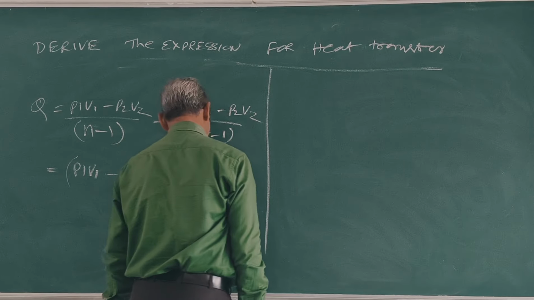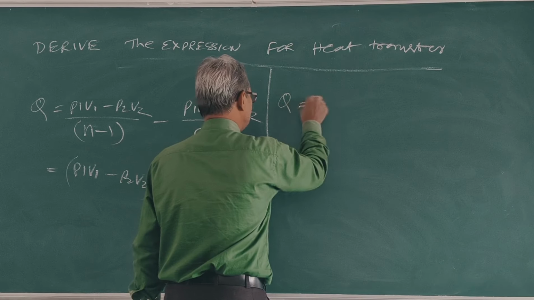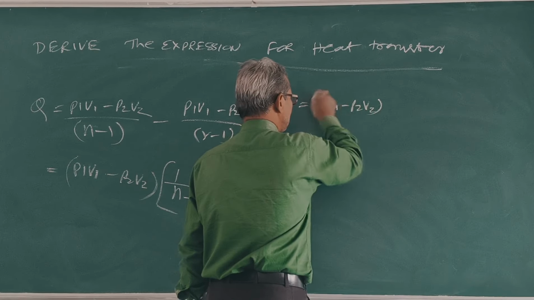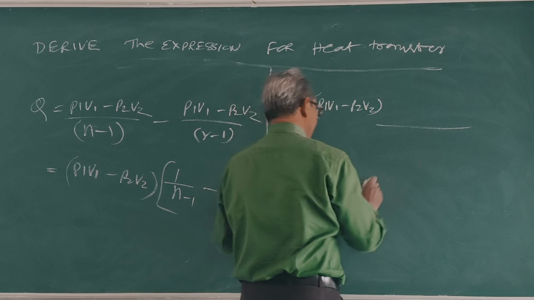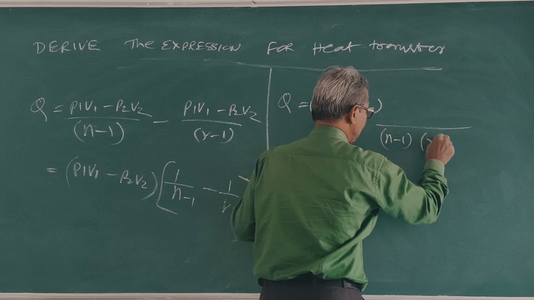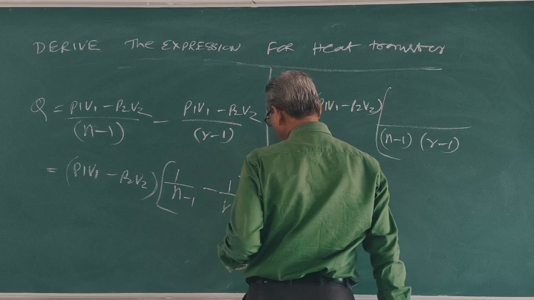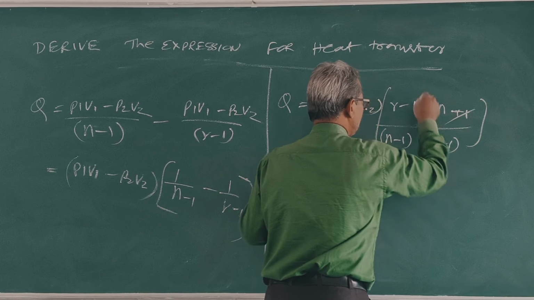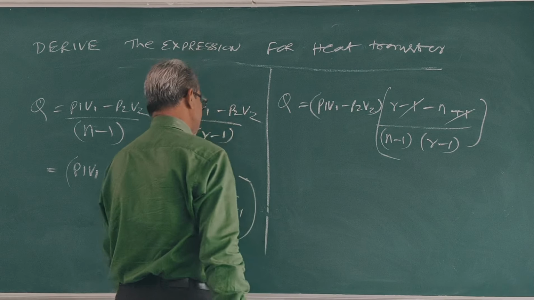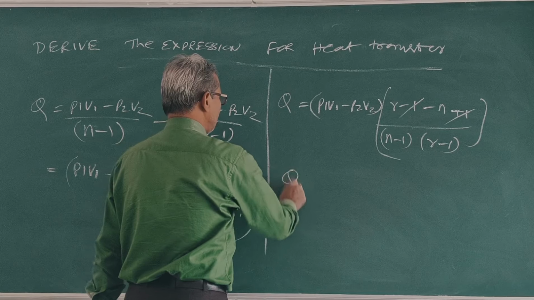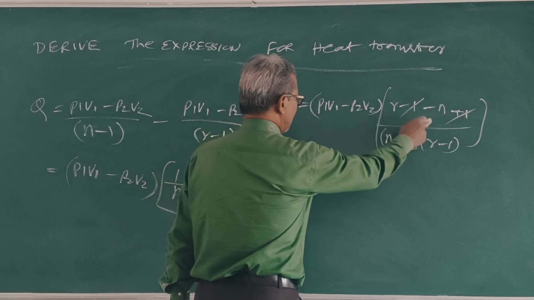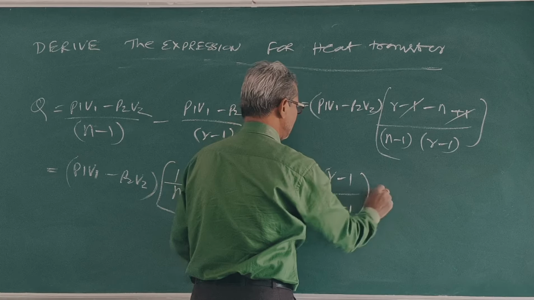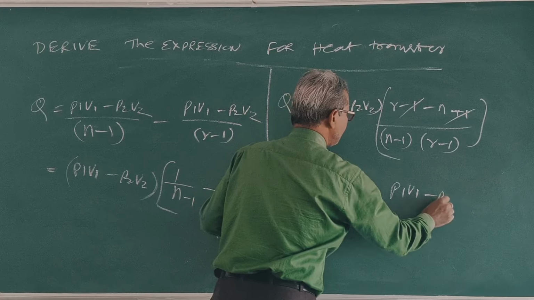Taking LCM, (n minus 1)(gamma minus 1), numerator gamma minus 1 minus n plus 1, the 1 cancels. So Q is equal to (gamma minus n) by (gamma minus 1) into (P1 V1 minus P2 V2) by n minus 1.